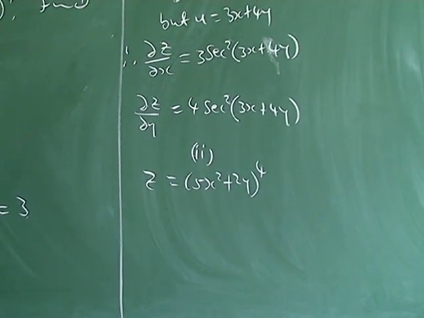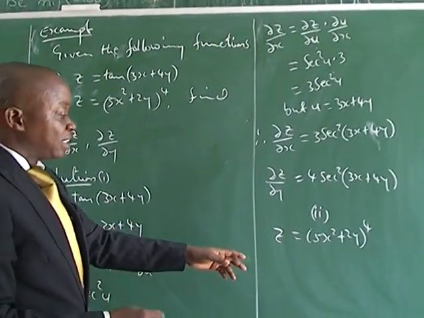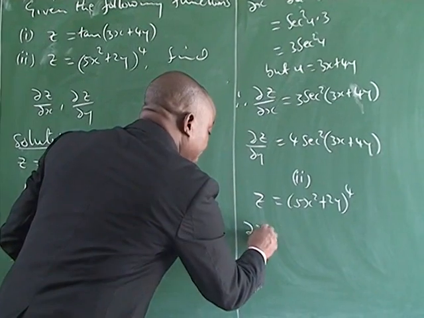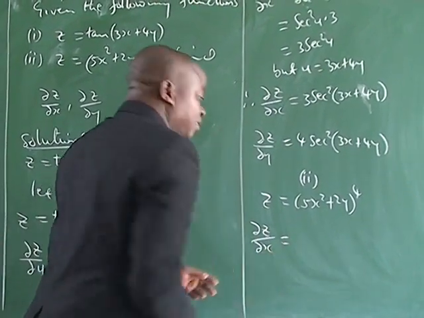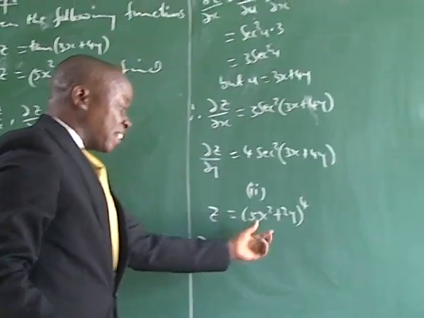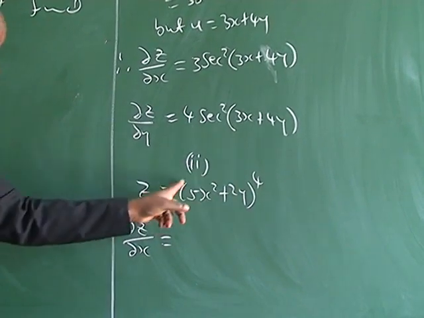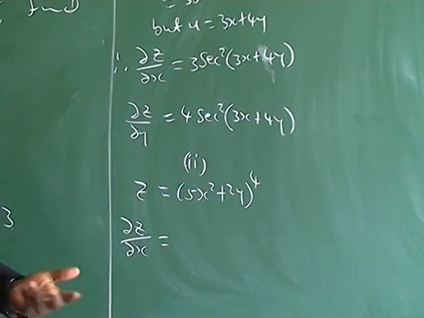Now, if we know the chain rule in functions of one variable, it can help us to understand it. It means that partial z partial x will be, I'm going to differentiate the inside here. Then I will use this power 4 to times it and reduce this power by 1. Very simple.